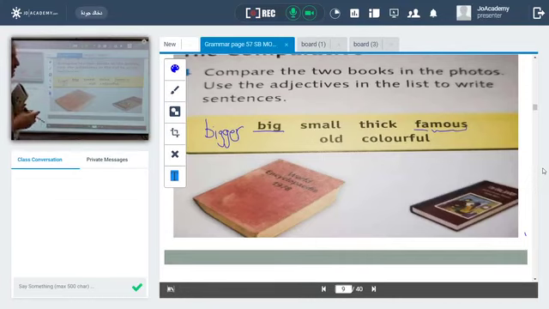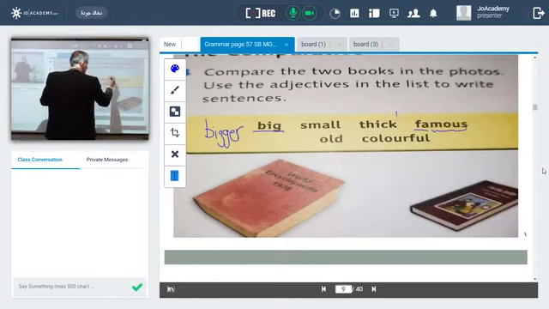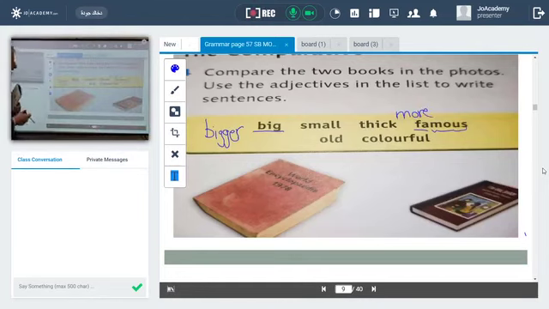So with two syllable adjectives, I add more. Okay, so here I will write more famous. The encyclopedia is more famous than the story.